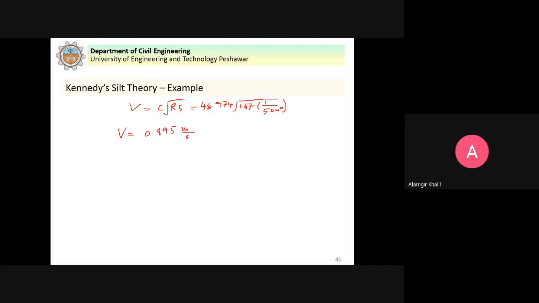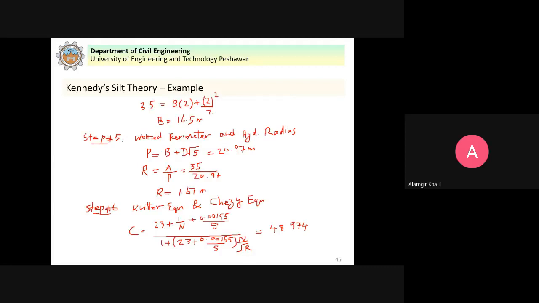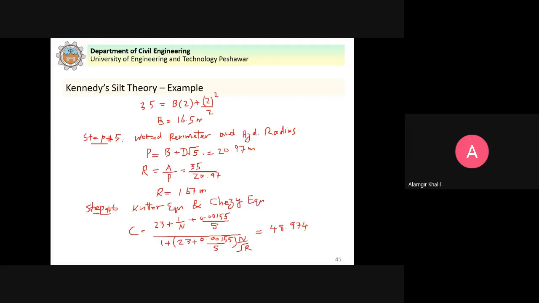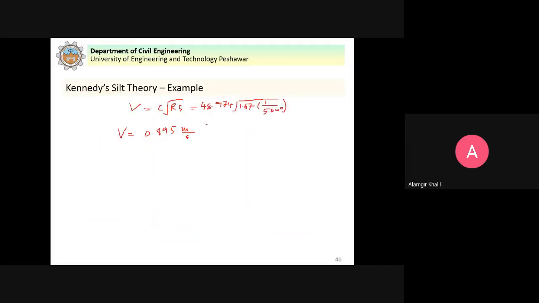Now we compare this with step number 2, the critical velocity. What is the critical velocity? 0.857. So the actual mean velocity is greater than the critical velocity from step number 2.